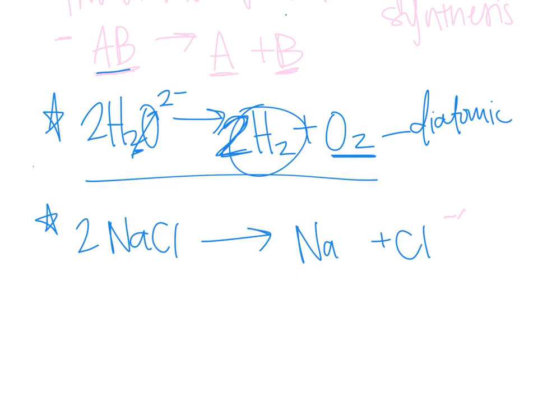So Na has a charge of 1 plus, and chlorine has a charge of 1 minus. So when we crisscross them, we get just 1 down here. But chlorine can't ever be easy. It's a diatomic element also. So it has to be Cl2, just like O2 has to be O2.